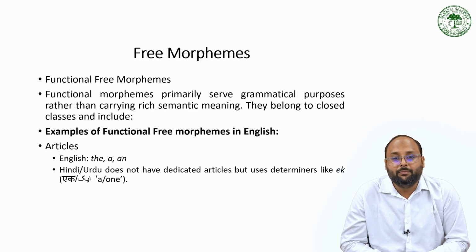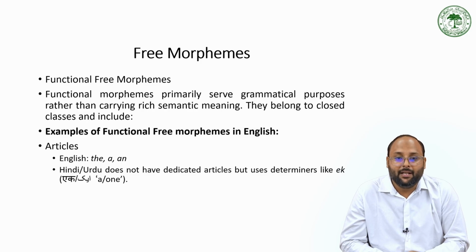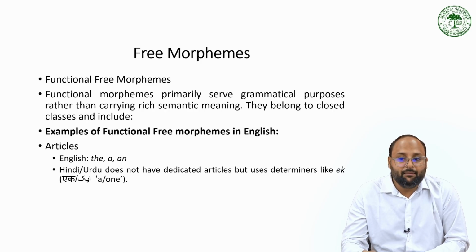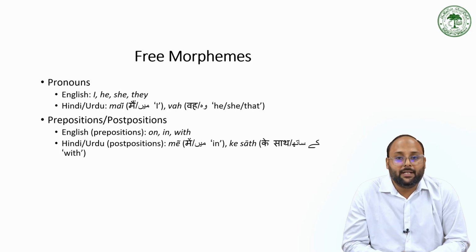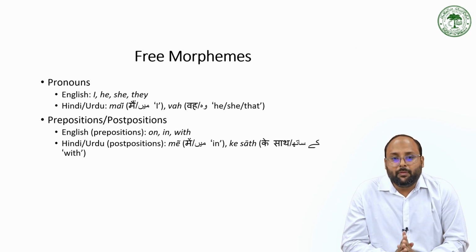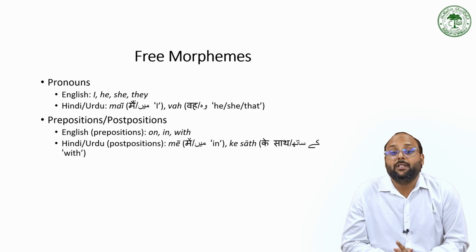The examples of functional morphemes in English are articles like the, a, and in Hindi, we have ek. Another example of free morphemes is pronouns. We have I, he, she, they, and many other examples from Hindi and Urdu also. Prepositions and postpositions also come under the functional morpheme.